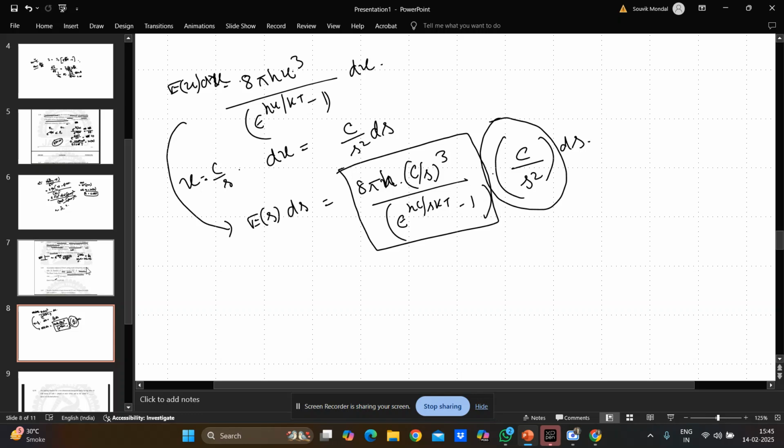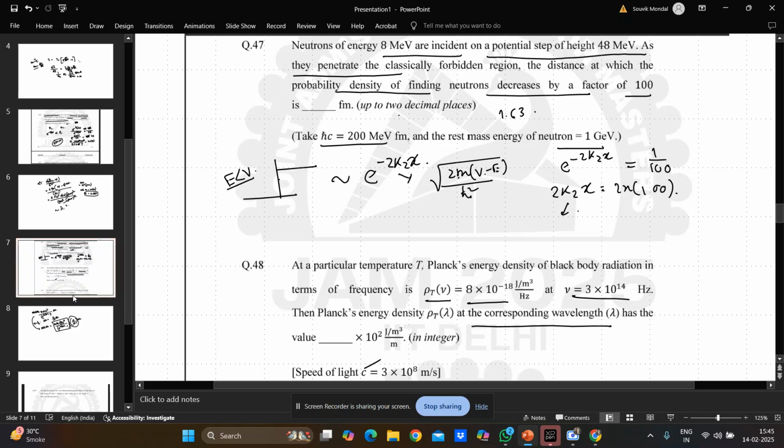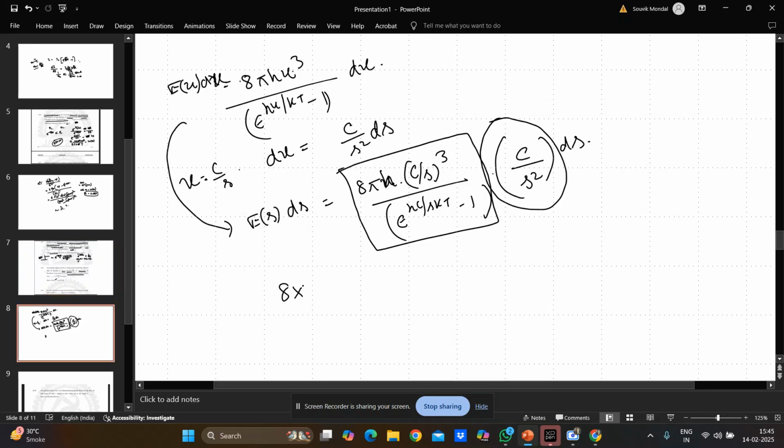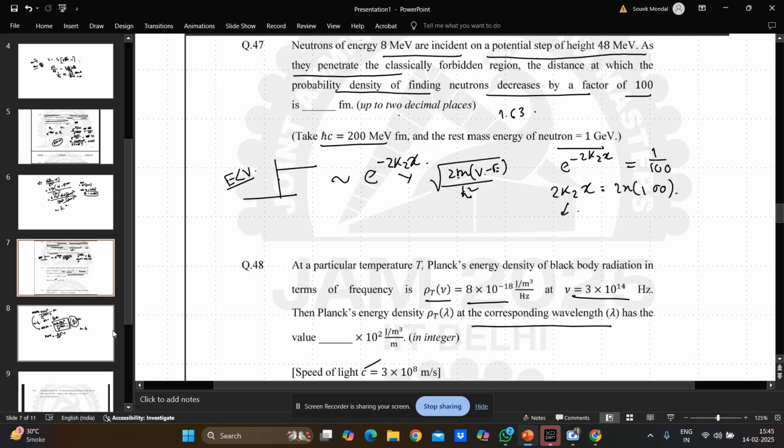So now put the values. What are they given? 8 into 10 to the power minus 18, and c by lambda square. So what is lambda? Lambda is equal to c by nu. So lambda square is equal to c square by nu square. So it is nu square by c. What is nu? Nu is 3 into 10 to the power 14.